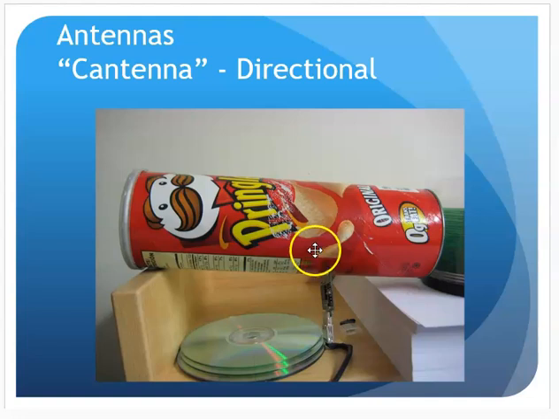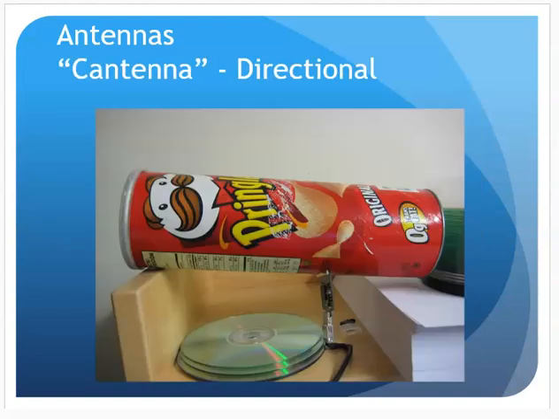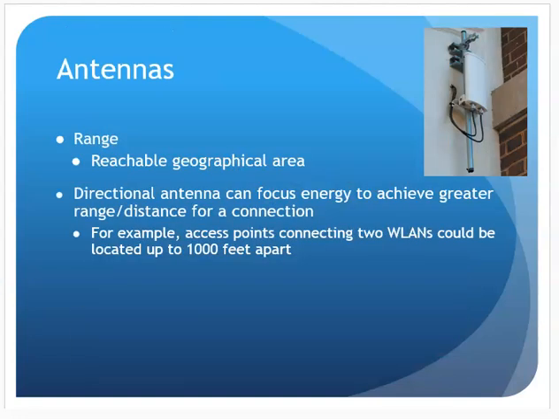You can't just poke this through anywhere. You look at the frequency and the size of your wavelength, which decides how far forward or back you put it. The Pringles can has a metal disc in the bottom and foil on the inside, and all of that focuses the signal in this direction. You can actually make two of these and connect one house to another with these two directional can antennas. It does work. It's pretty cool.